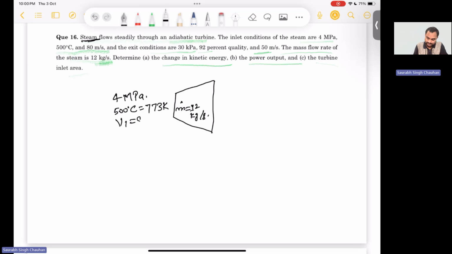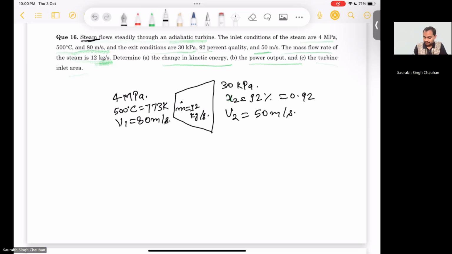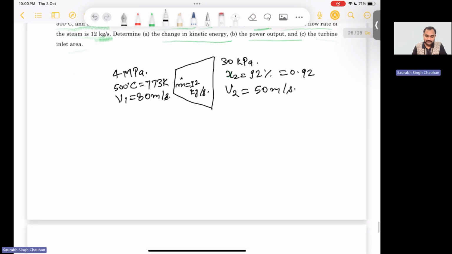Velocity is given to be 80 meter per second. At outlet, pressure is 30 kilopascal, steam quality is 92%, and V2 is 50 meter per second. So again, we can use the energy conservation, right?